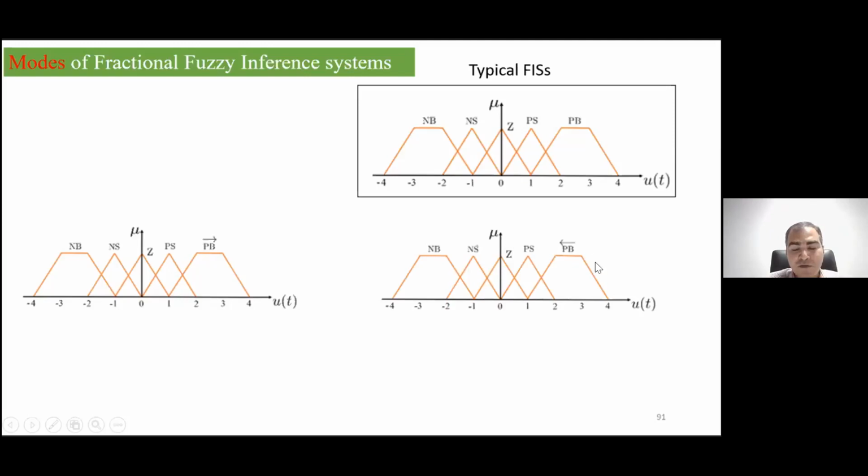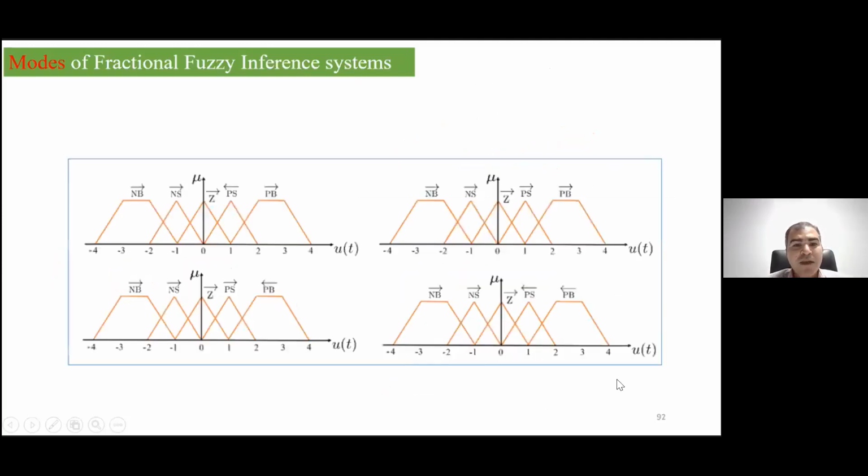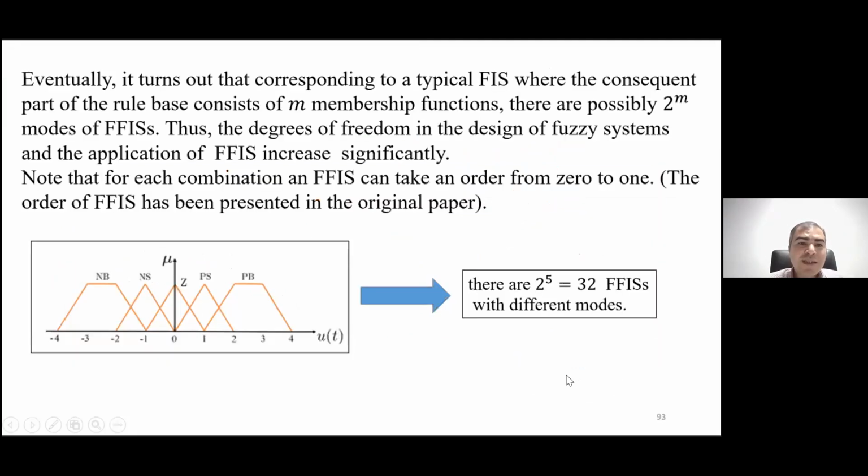This membership function is in beta form. So for each membership function, we have two options, alpha form and beta form. So we may consider so many modes of fractional fuzzy inference systems, and eventually it turns out that corresponding to a typical fuzzy inference system, where the consequent part of the rule base consists of m membership functions, there are possibly 2 to the power of m modes of FFISs.